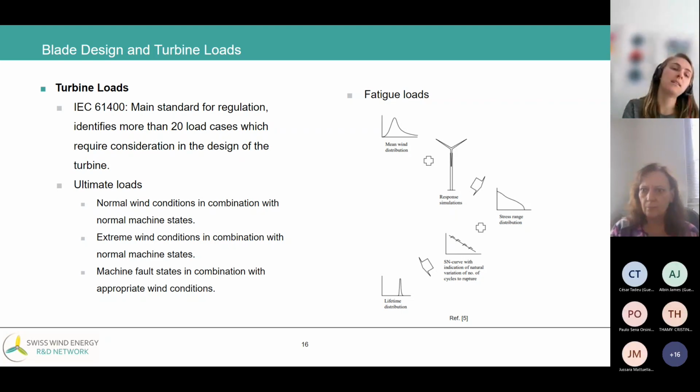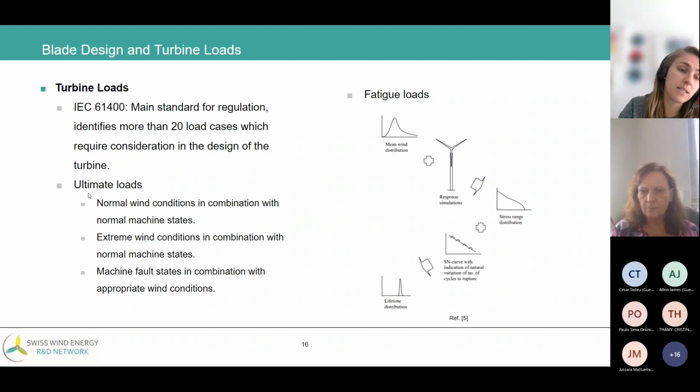And again, we need to do these simulations before we finish the blade design, to say that okay, our blade design will be installed in a turbine and we will be able to operate in these conditions.